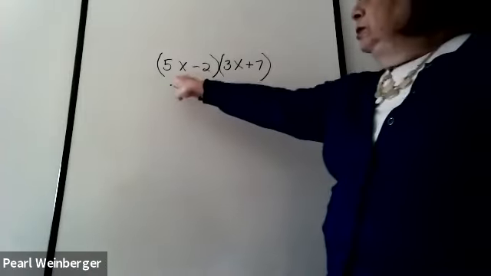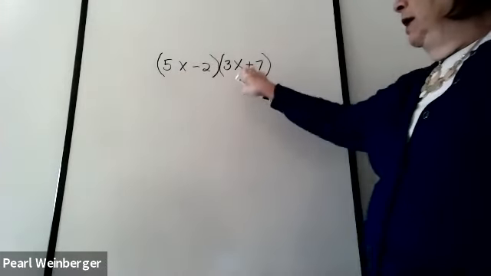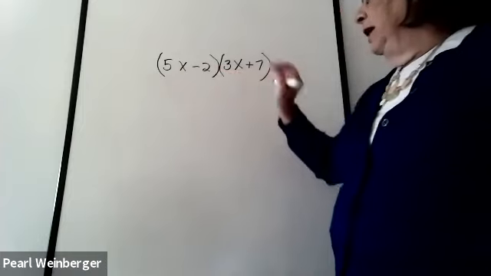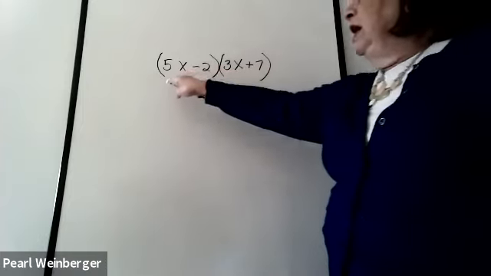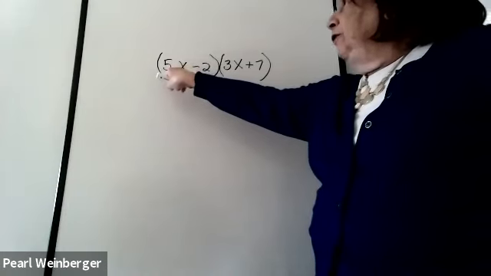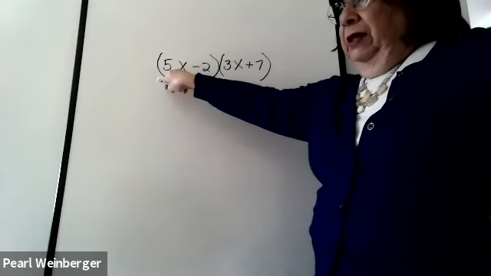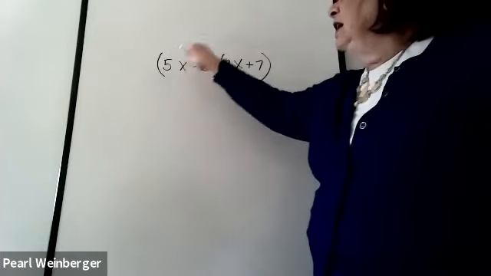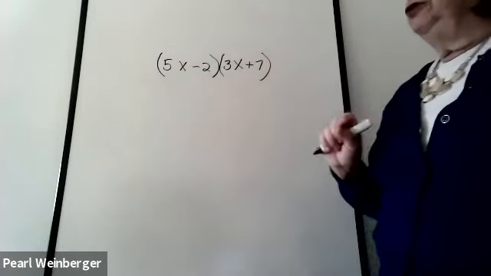When you are multiplying a polynomial by a polynomial, in this case a binomial by a binomial, you take your first term in your first polynomial and multiply everything in the second polynomial by that first term.